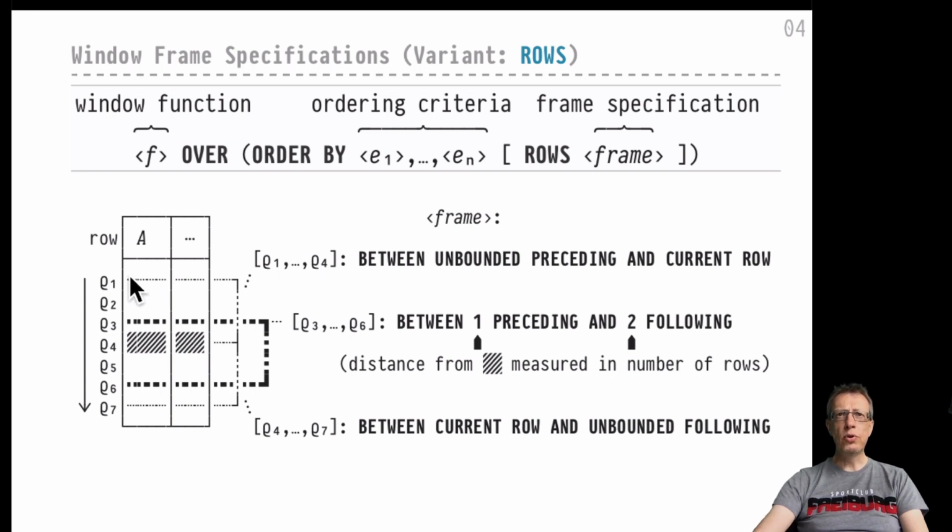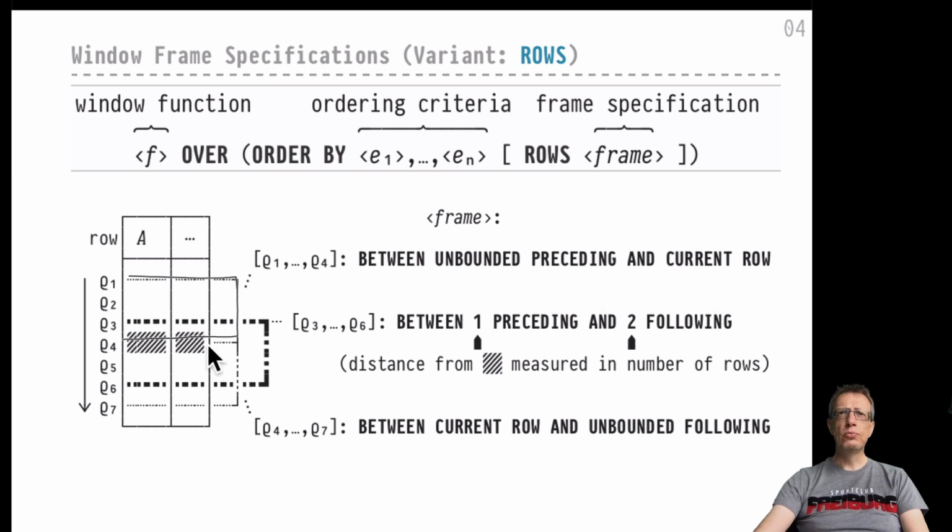This would be the first frame. Let's talk about this frame. We specify its borders, so its first border and its second or last border, in a sense, by using this between phrase.